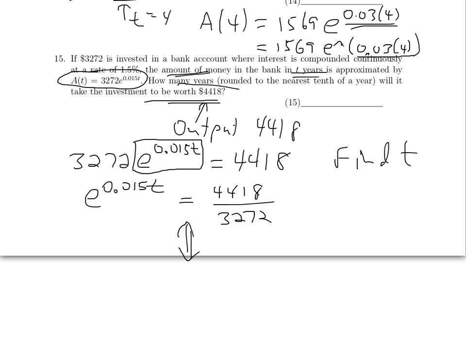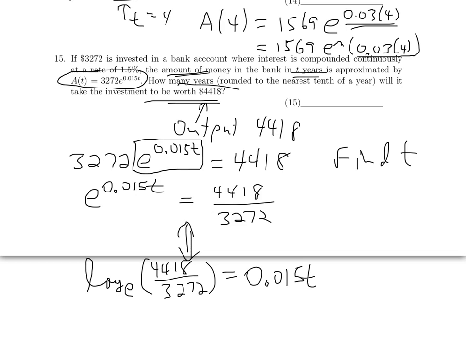This is an exponential function base e, and so it's equivalent to a logarithmic equation base e, where the input is this 4418 over 3272, and the output is 0.015t. So that thing on the left, even though it's ugly, I can calculate all at once in my calculator.